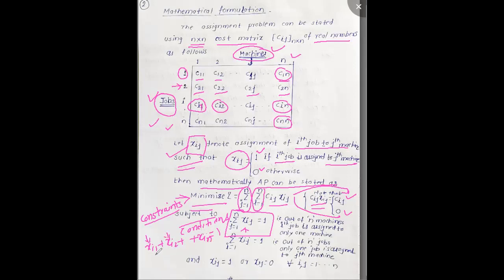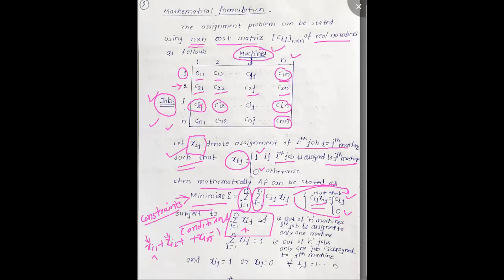So if one is 1, then the right hand side is also 1, so all other variables will be 0. That means only one variable is 1 in this summation of n terms, and the others are 0, because we require this sum equal to 1.